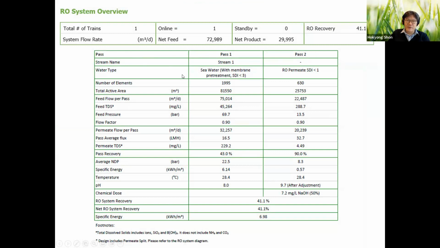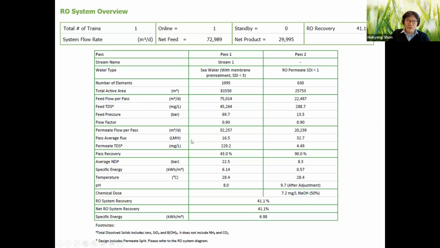Then we have water type, seawater with membrane SDI less than 3, RO permeate less than 1 of the SDI. So we can see the total area, how much you need, what's the total number of elements you need, the total flow rate, pressure, flow factor is around 0.9.